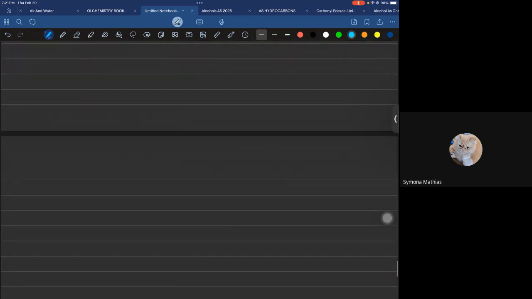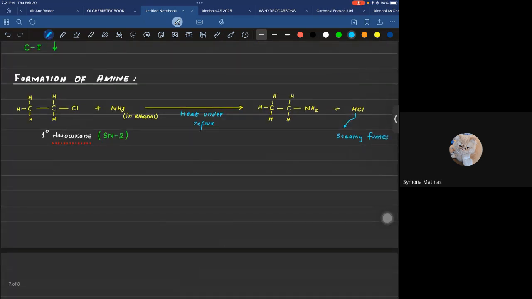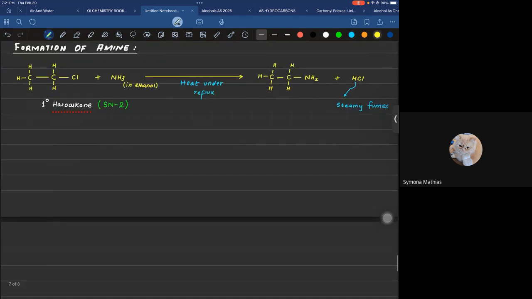Let's suppose I am going to take a tertiary halogenoalkane rather than the primary halogenoalkane. So that would be CH3, CH3, CH3, and this would be Cl.